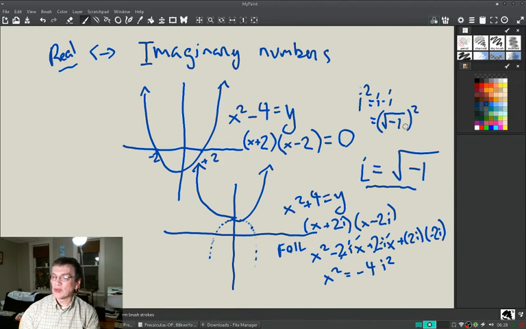Square and square root are inverse operations. It'll give you back the original thing. So i squared is minus 1. Oops, I meant to write a plus here. This is our equation as we're multiplying it out. So it becomes x squared minus 4, and i squared is minus 1.